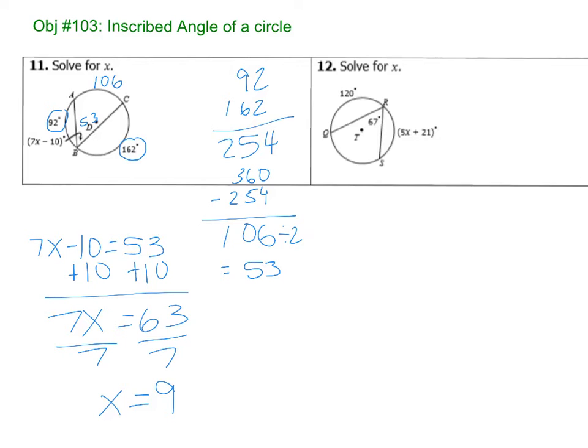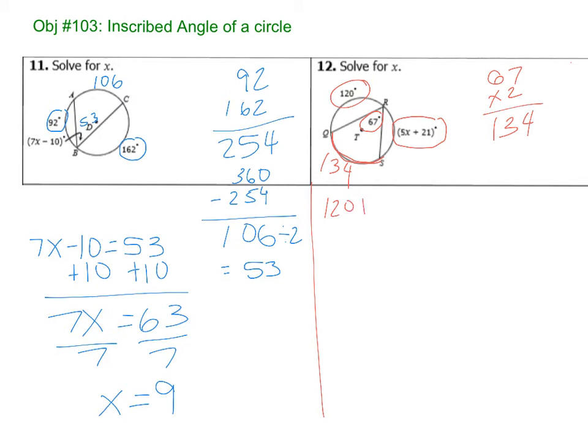I don't think these are overly hard. All right, so this time, and notice all of these are just slightly different. I have 5x plus 21, and I have 120. So I need to figure out what this arc is, because I know all three arcs are going to add up to 360. What is that red arc equal to? Well, if the angle is 67, 67 times 2 is 134. So now I can add all those up and let it equal 360. The arcs all equal 360.